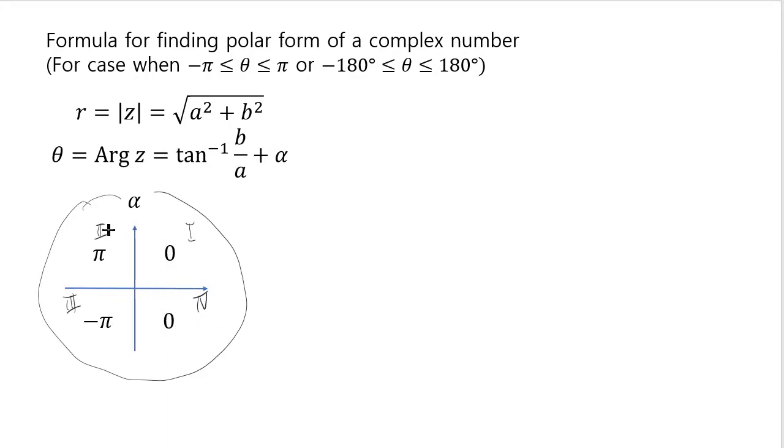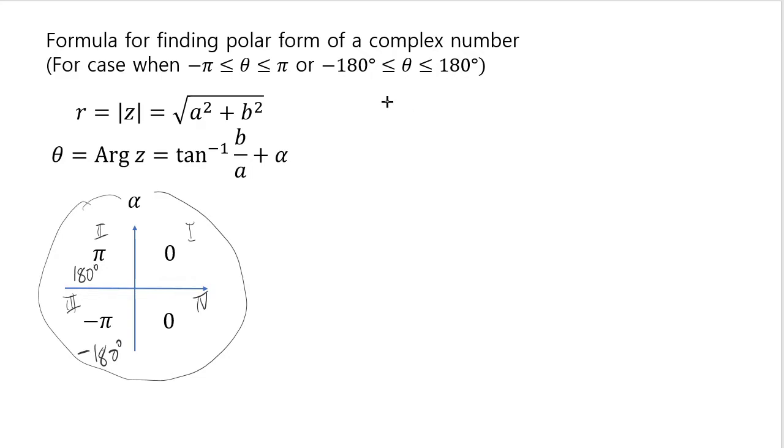But if it's in the second quadrant or third quadrant, you either have to add a pi or subtract a pi. This is assuming that you have radians. Of course, if you have degrees, then you should be adding 180 degrees here and then subtracting 180 degrees in the third quadrant. All right, so let me give you a demonstration of how to use this.